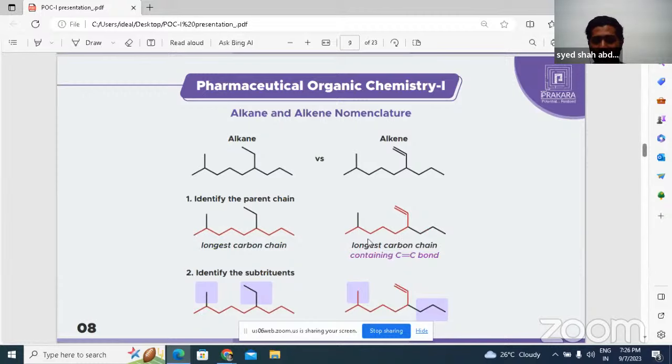Here for this compound, we are not taking the straight chain, we are taking the curved chain, because here there are two carbons and here there are three. So we consider this 1, 2, 3 as the chain instead of this one. Now we have got the longest chain.